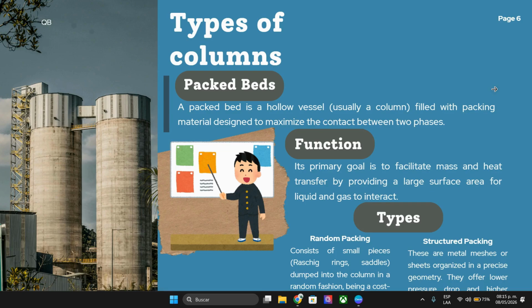The function is principally to facilitate mass and heat transfer by providing a large surface area for liquid and gas to interact. There are many types of random packing, which consist of small pieces like Raschig rings or saddles, and then the structured packing. These are metal meshes or sheets organized in a precise geometry.